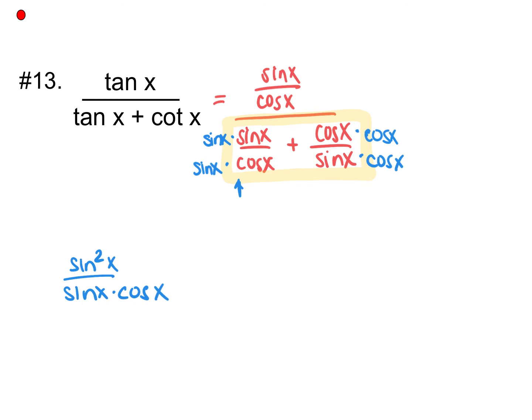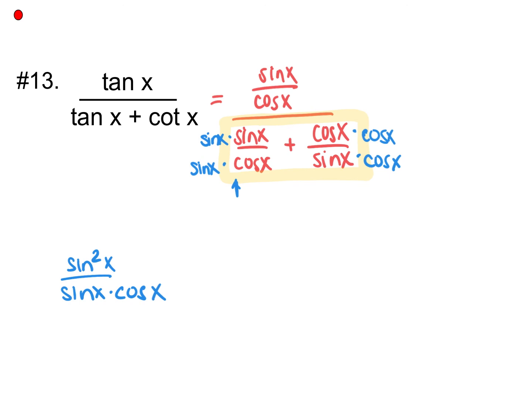And then on the right-hand side, I have a cosine squared of x over sine of x times cosine of x. And there's a plus sign between there. I now have a common denominator, so I can combine these.